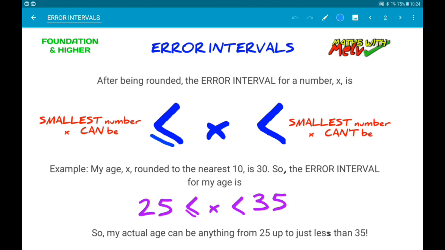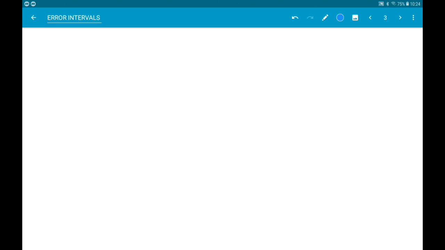Let's just have a quick look at why we do what we do with the upper bound. So, back to my age, it's still greater than or equal to 25, that's fine. Say that then, we said it was less than or equal to 34. So 34 is fine, that would still round down to 30, but then it can get a little bit silly.